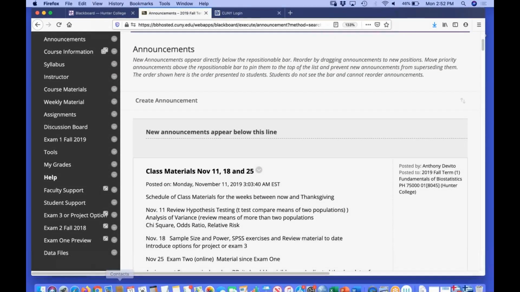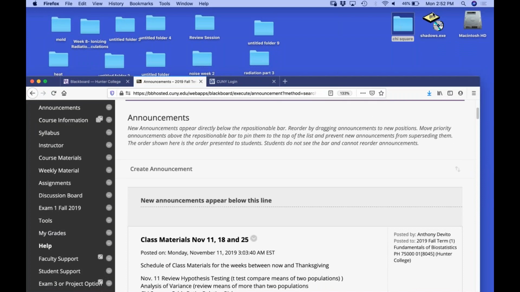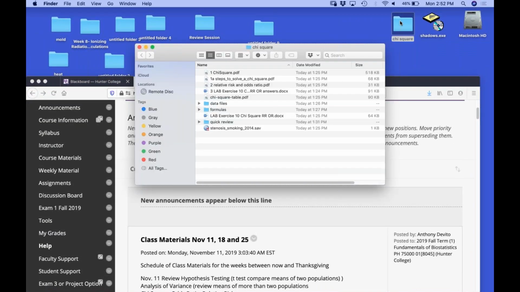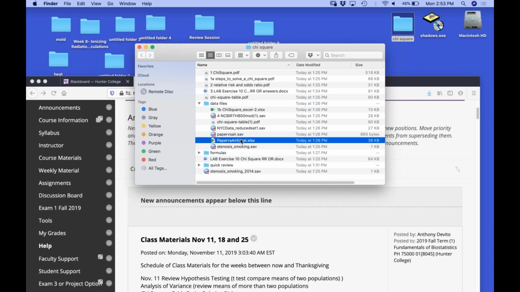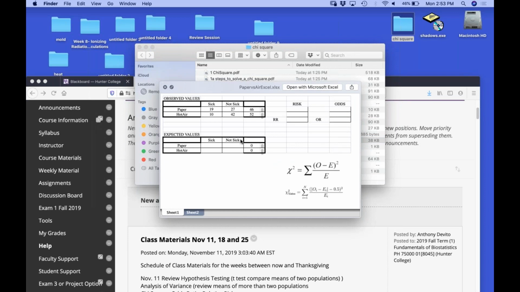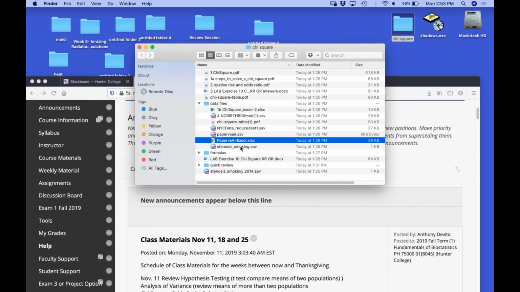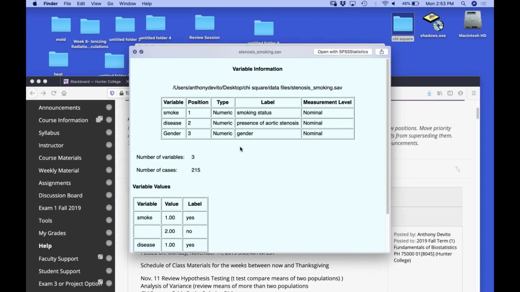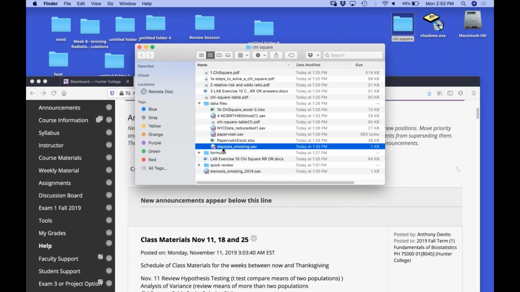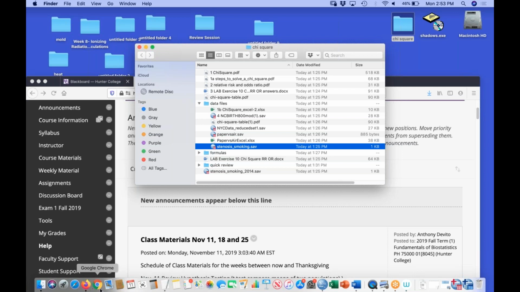Let me get back to my data files. Let's open this one. One of the files that we have is stenosis and smoking.